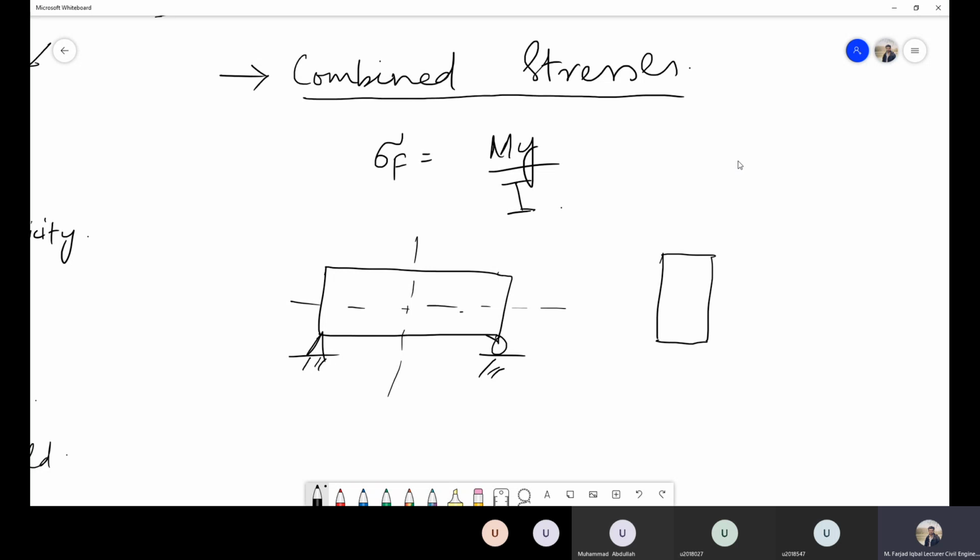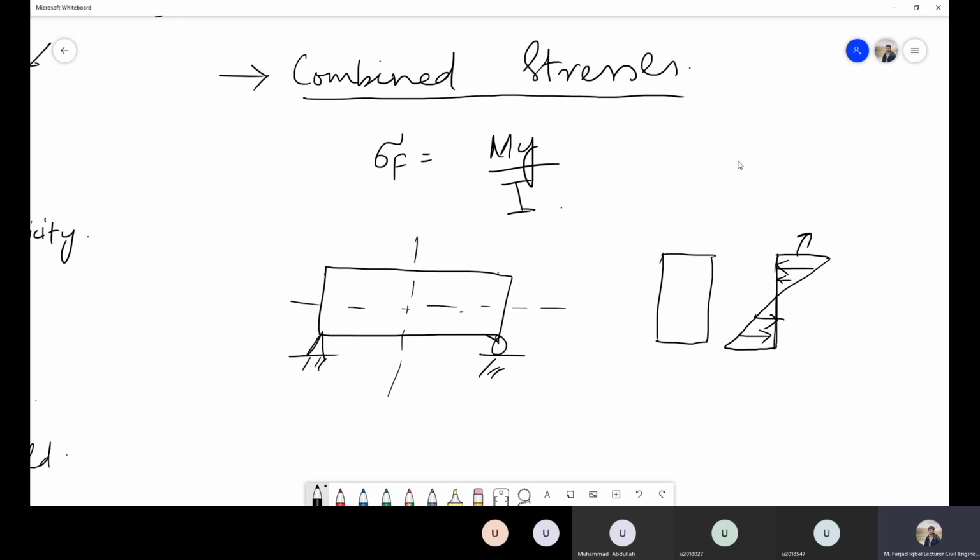And if you remember, you would have plotted the distribution of flexural stresses. This is the distribution, right? Now this is the cross section of the element, and these stresses are basically acting normal to the cross section of this beam. And these are the flexural stresses.